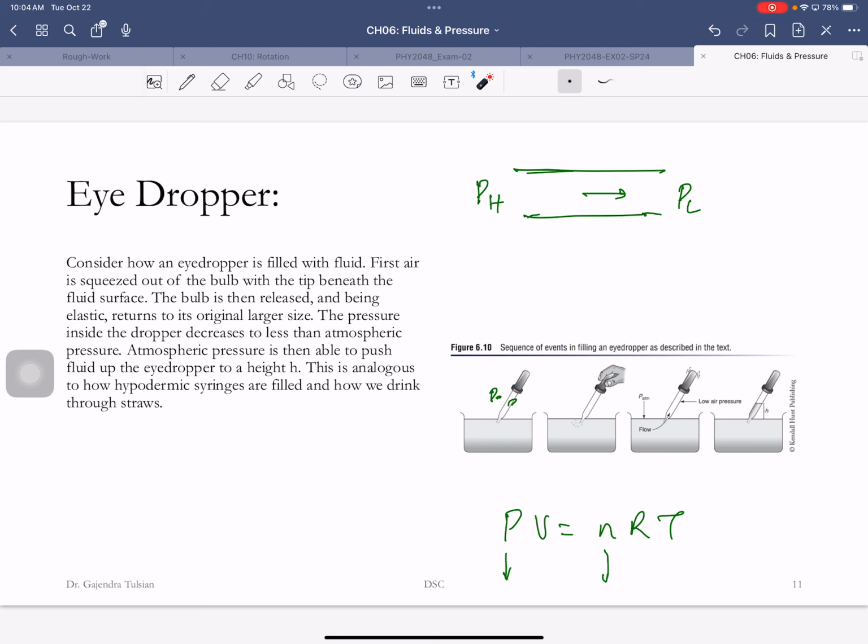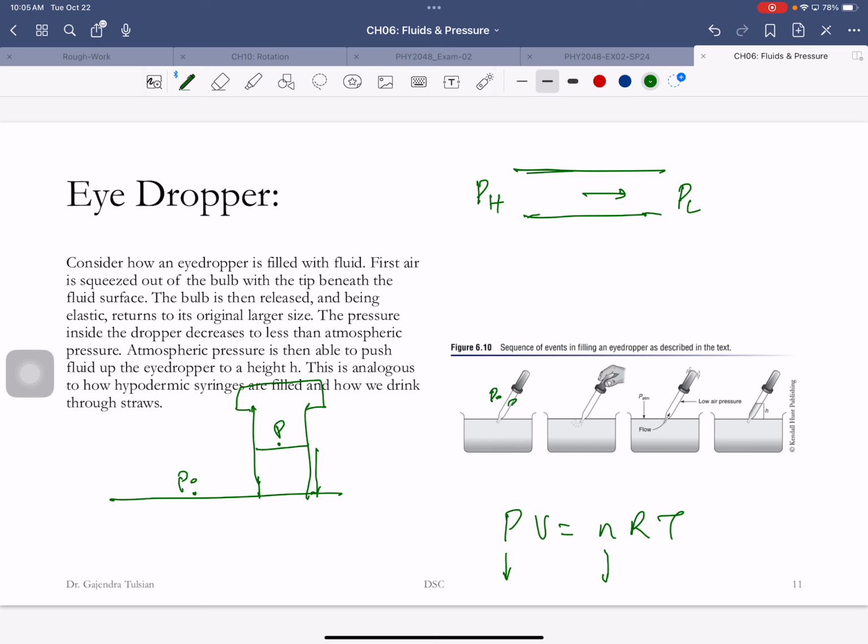Okay, so I'll draw a simpler diagram. Let's say this is the eyedropper. The pressure here plus this pressure is equal to the pressure here.